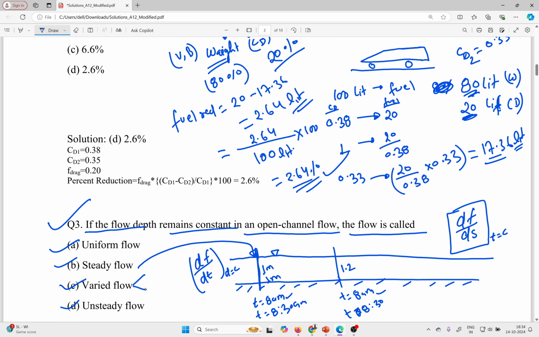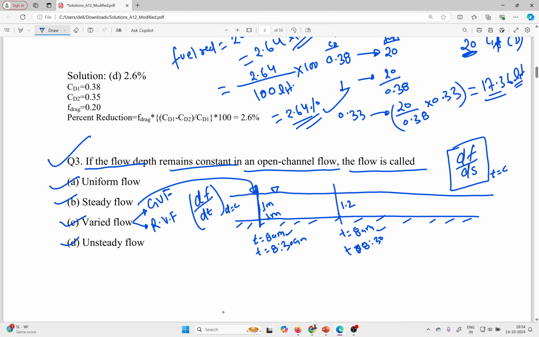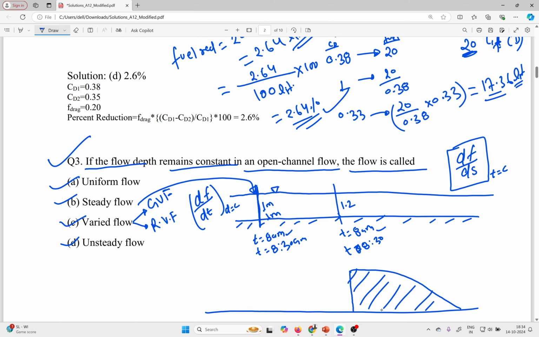Now what is varied flow? Varied flow may be two types: gradually varied flow and rapid varied flow. Gradually varied flow means what? Let me give you example. Let us suppose in a river one dam is constructed here, like that. Dam is constructed, so water level may vary like that.